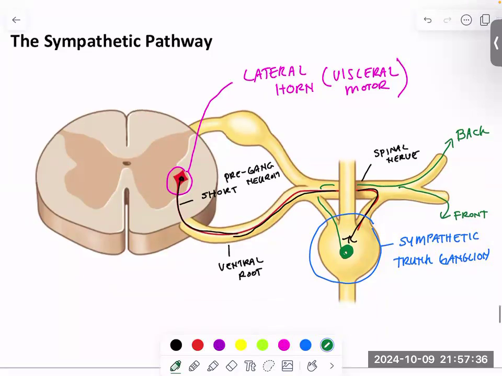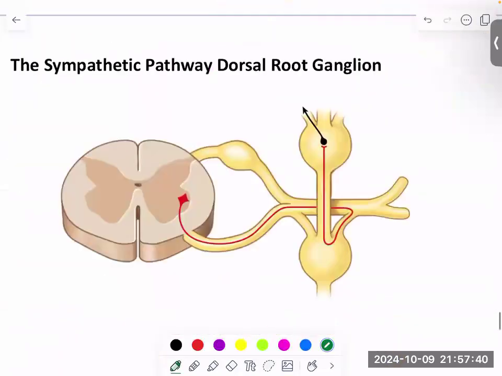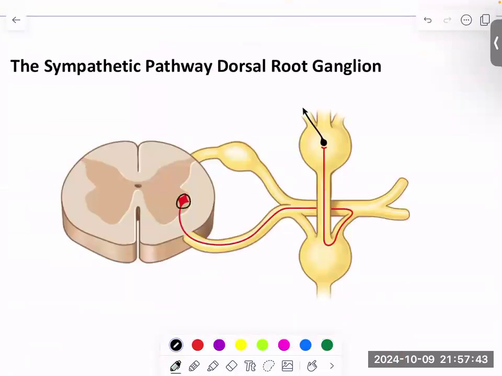What is really bizarre is what it can do to get to the eyes. Here it starts at the lateral horn. That neuron goes down the ventral root into the spinal nerve, into the sympathetic trunk ganglion. And look, it can go up, for example, to get to your eyes.